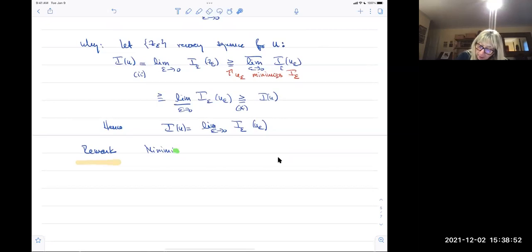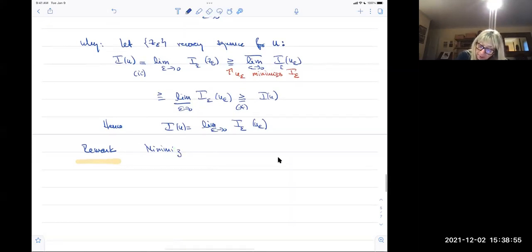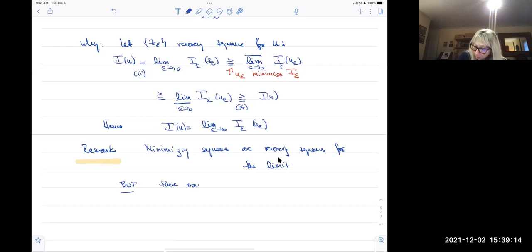So what I'm saying is that minimizing sequences are recovery sequences for the limit, but there may be recovery sequences for the limit, which I called U, which are not minimizing sequences, okay?